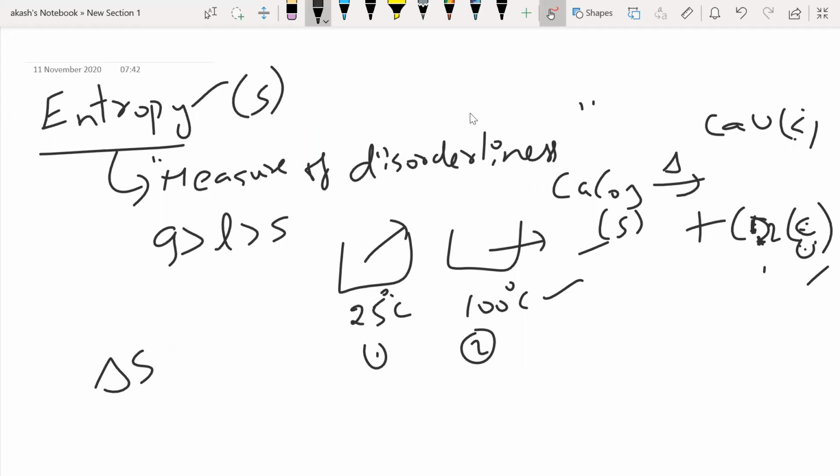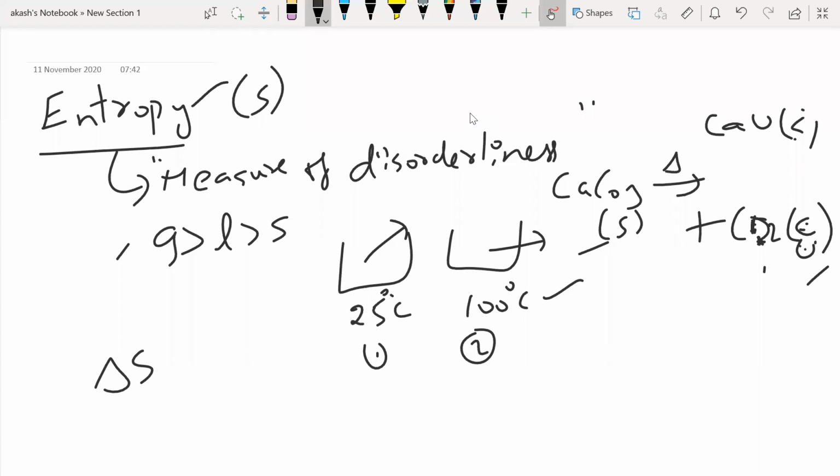Just now we saw gaseous molecules are going to have more entropy. So whenever you see reactions where a solid or a liquid gets converted to gases, definitely the entropy is increasing. Or in other words, if I have fewer gases on the reactant side and more gases on the product side, again the entropy is going to increase.